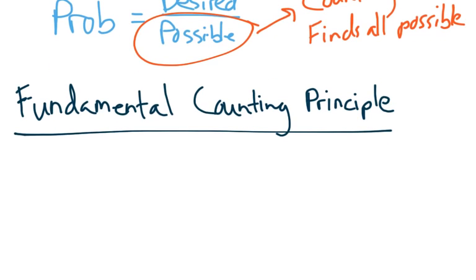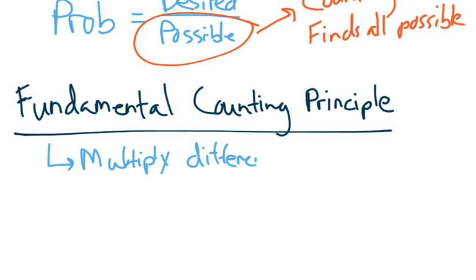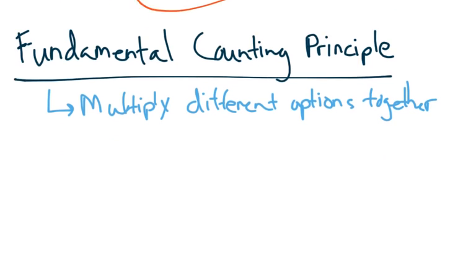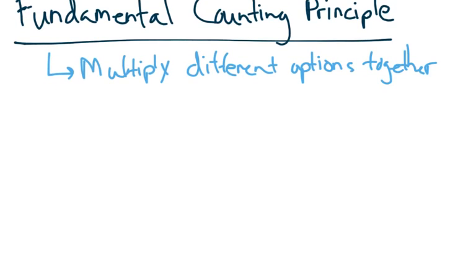So let's write that down. Multiply different options together. And that's it. Okay? So, for example, let's talk about something like rolling 2 dice.